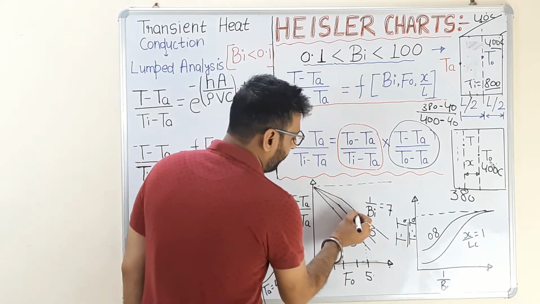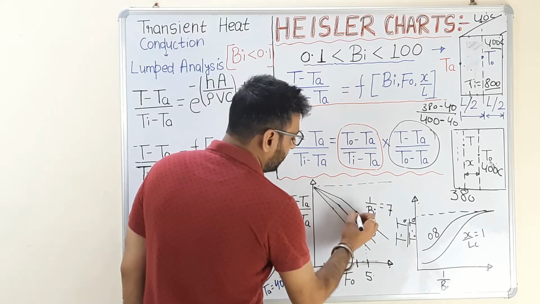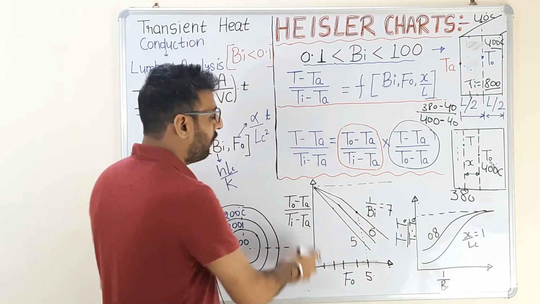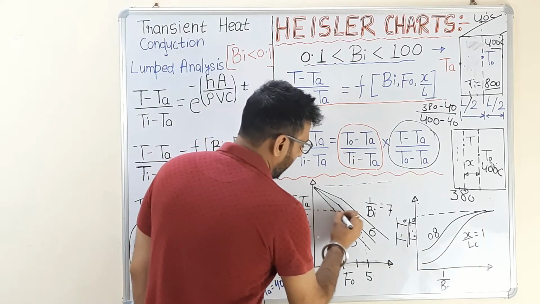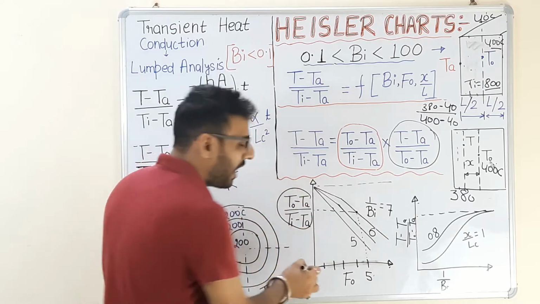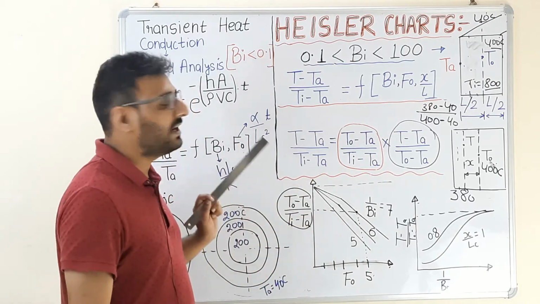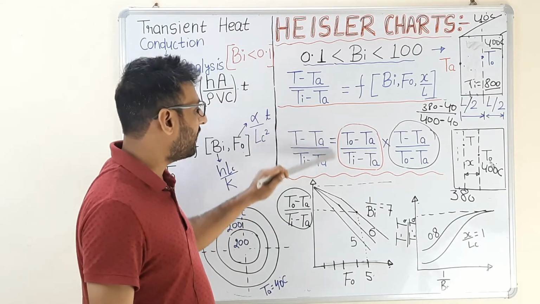Now we will draw a horizontal line from this point to the vertical axis and we will read the value of this factor on the y-axis. So from this method we can determine the value of this factor.